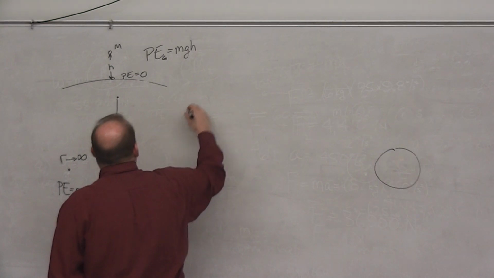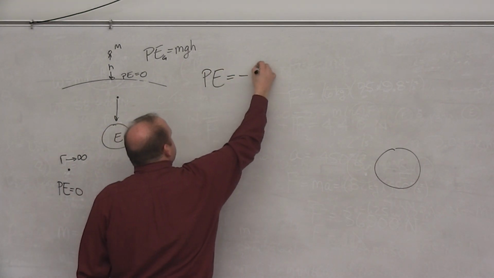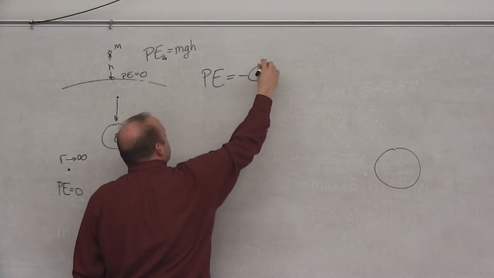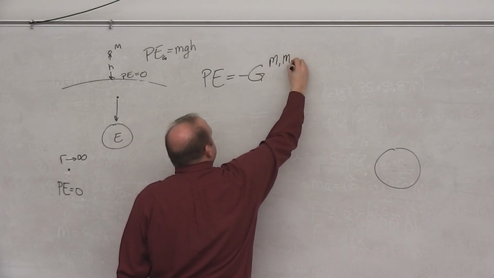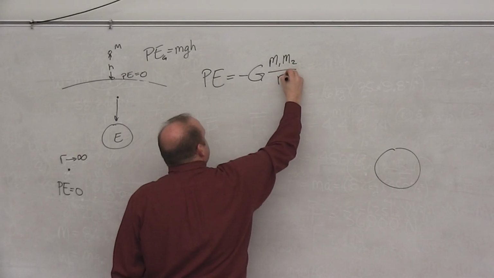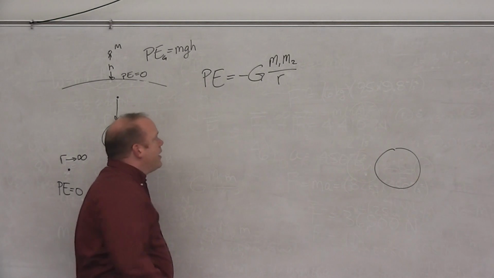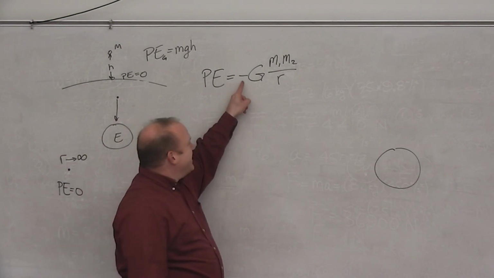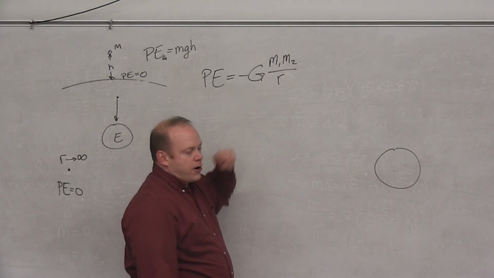Well, potential energy due to gravity is always negative. Wherever you are, no square there. Okay? Potential energy is negative. It's always going to be negative: negative G m1 m2 over r.